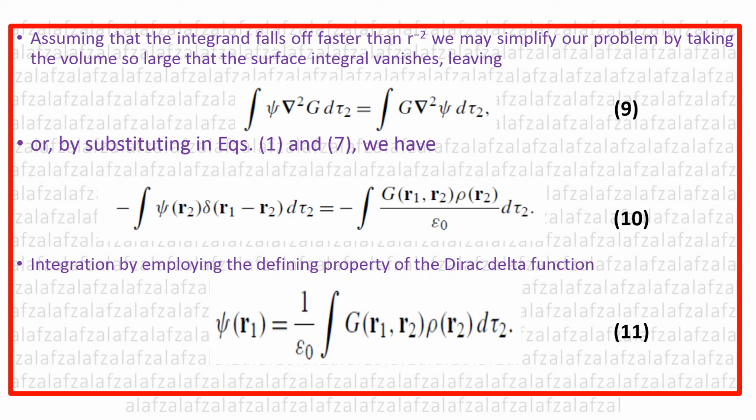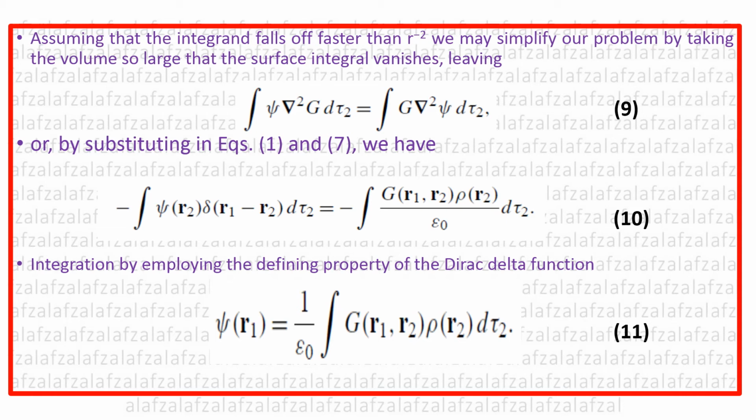By integration, employing the defining properties of the Dirac delta function, because we know delta of r1 minus r2 into psi of r2 is nothing but psi of r1, that will become psi of r1 is equal to 1 by epsilon 0 integral g of r1 r2 rho of r2 d tau. So that is the expression.